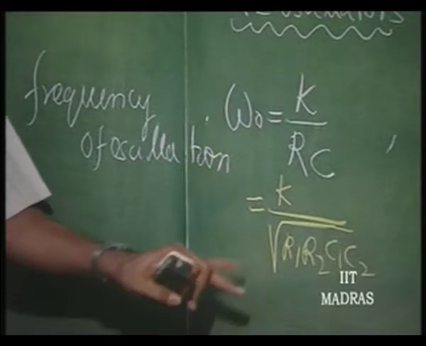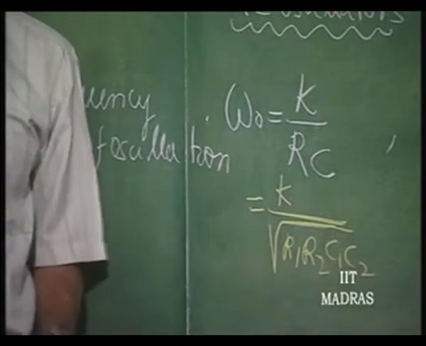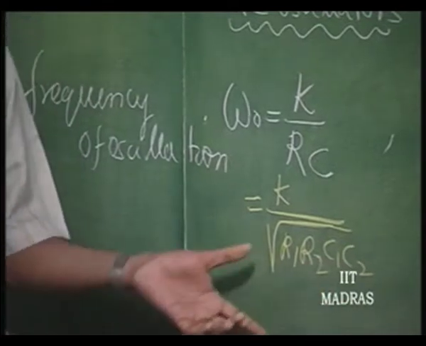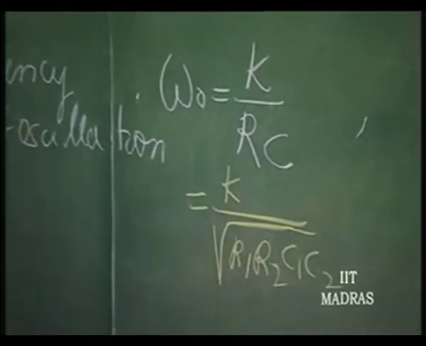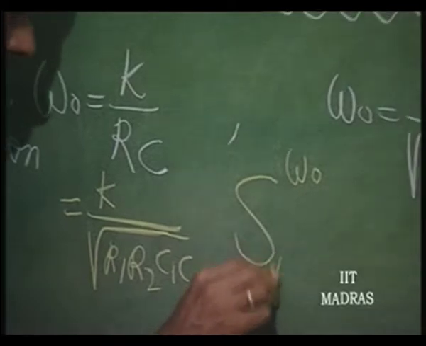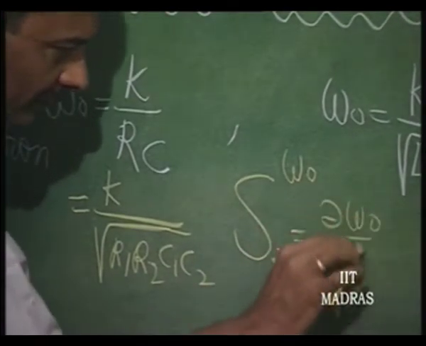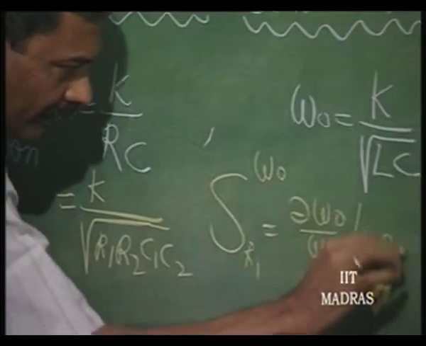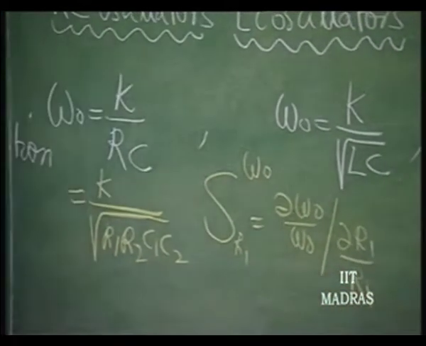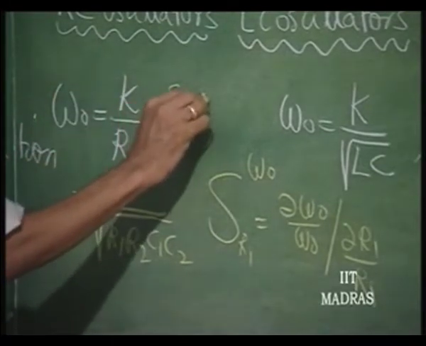That means the sensitivity of omega naught to R1, R2, C1, C2 is the same, equal to half in magnitude. What is sensitivity? Sensitivity of omega naught to R1 is defined as delta omega naught by omega naught for delta R1 by R1.